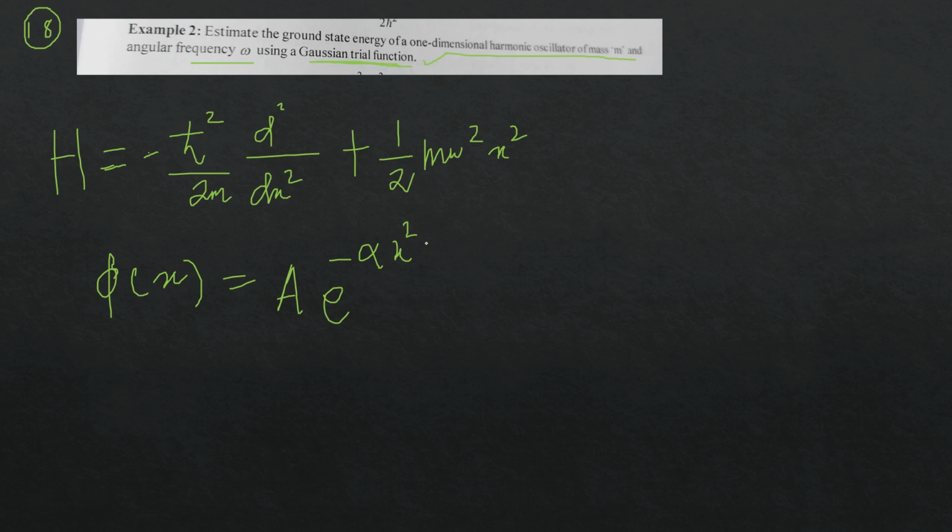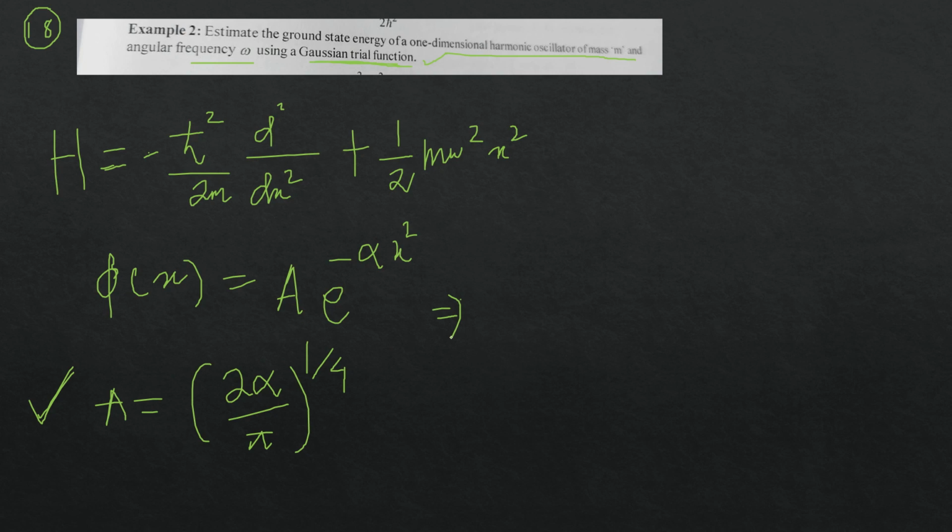These things we have to remember: whenever we take the harmonic oscillator, the Gaussian trial function is this, and the normalization constant, if you calculate it, will be 2 alpha by pi to the power 1 by 4. This is a shortcut. Once you calculate it, remember it so that you don't have to calculate the normalization factor again and again.